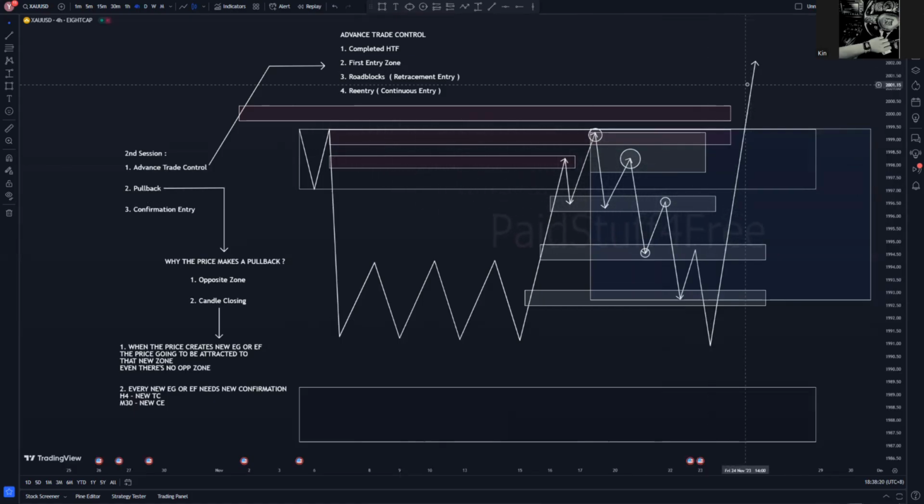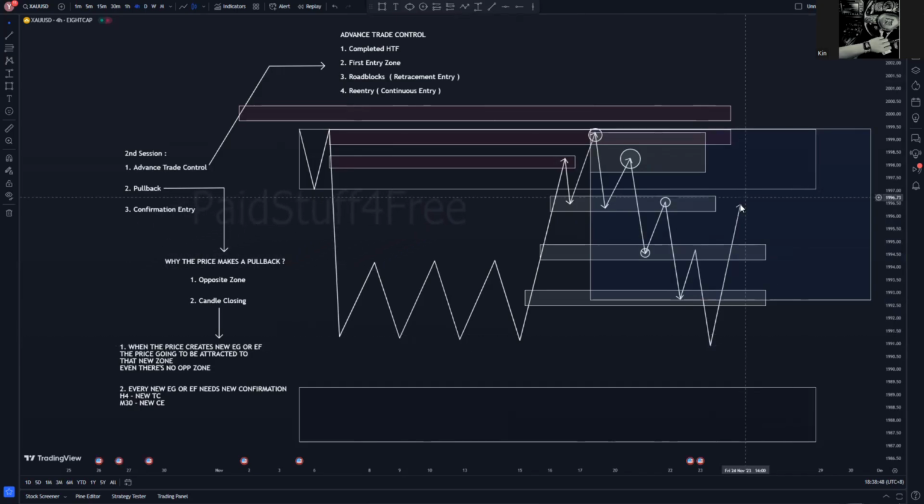So talk about the second rule, which is every new EG or new EF needs new confirmation. So right now, if the price gets into the H4 sell zone and there is no respecting of the first entry zone and there is no trade control created, what do you guys think will happen?